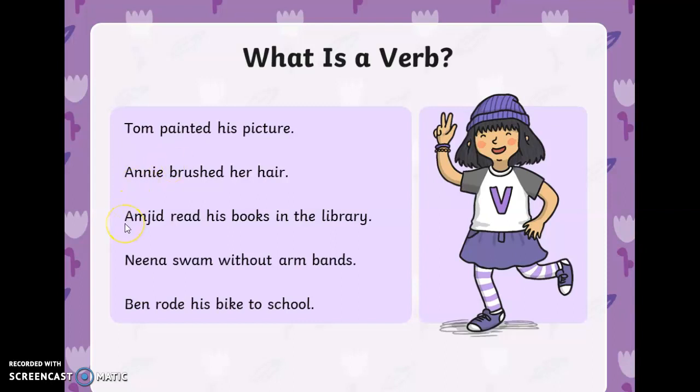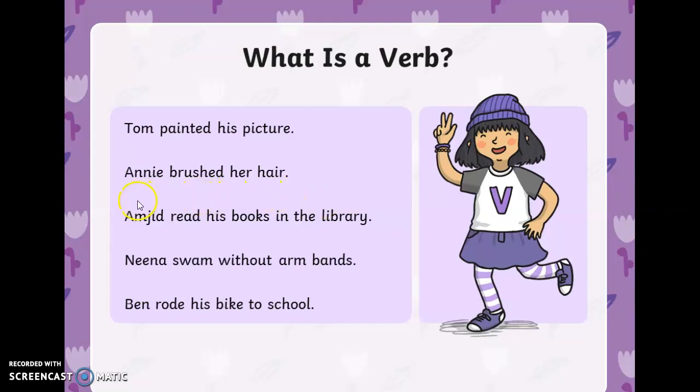Let's look at the third sentence. Amjad read his books in the library. We know that Amjad is a noun. Books is a noun. Library is a noun. We have learned a noun is the name of a person, place, animal, or thing.